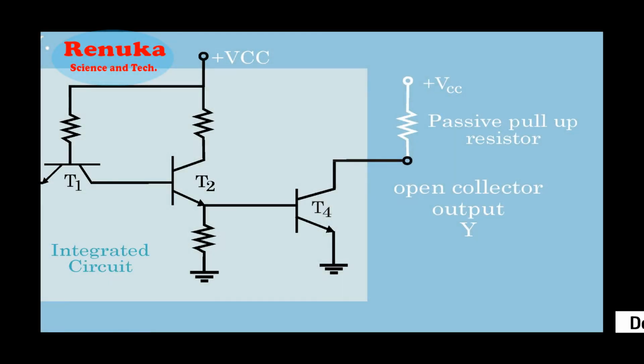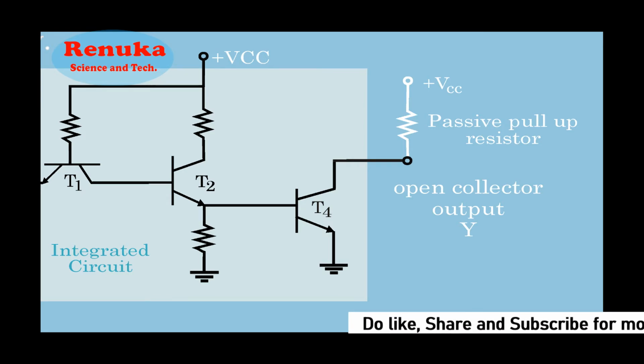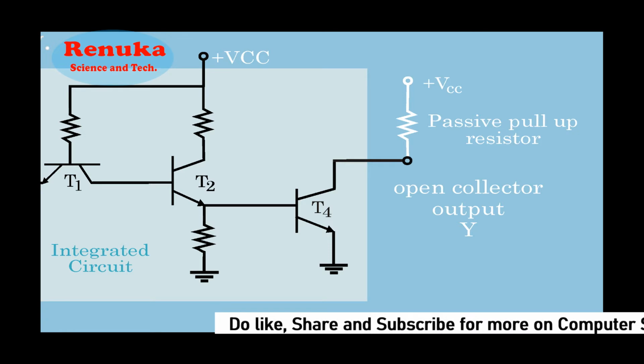The second drawback is regarding open collector output. First let us see what is meant by open collector output. In the TTL gates, the totem pole output is constructed by two transistors and one diode.